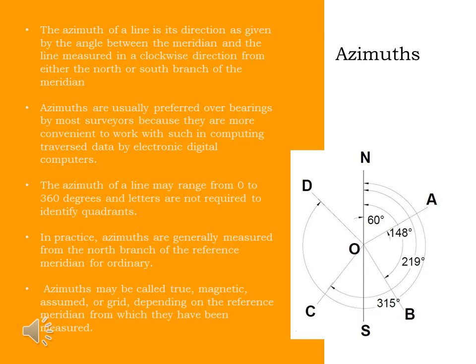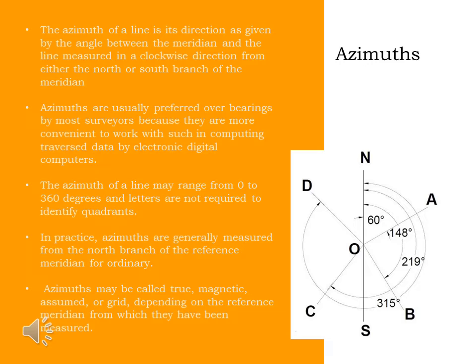The azimuth of a line is its direction as given by the angle between the meridian and the line, measured in a clockwise direction from either the north or south branch of the meridian. Azimuths are usually preferred over bearings by most surveyors because they are more convenient to work with, such as in computing traverse data by electronic digital computers.